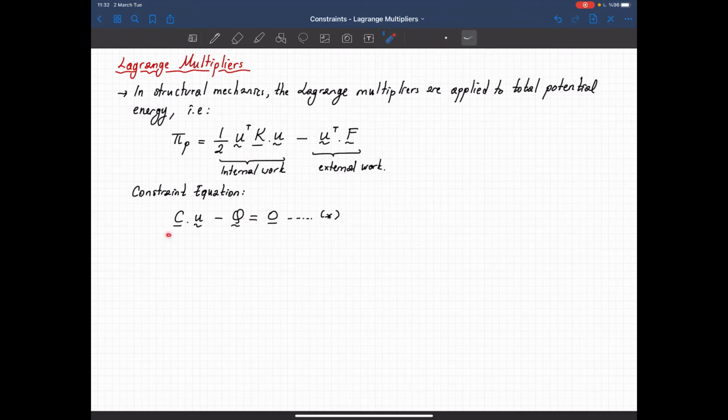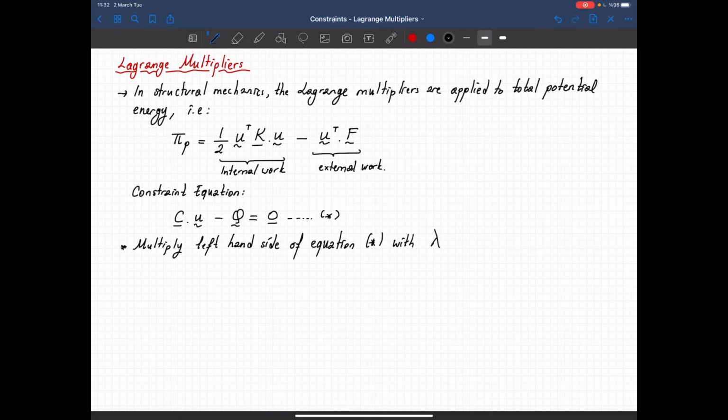Now, in order to combine that with the total potential energy functional, this is what I'm going to do. Remember that in that equation we have the displacements here. So I will multiply the left-hand side of equation star with some coefficients, what we call the Lagrange multipliers.